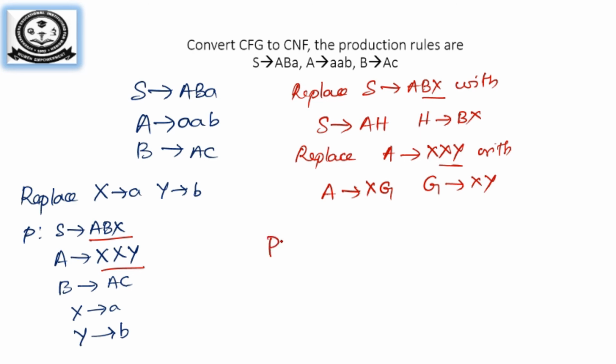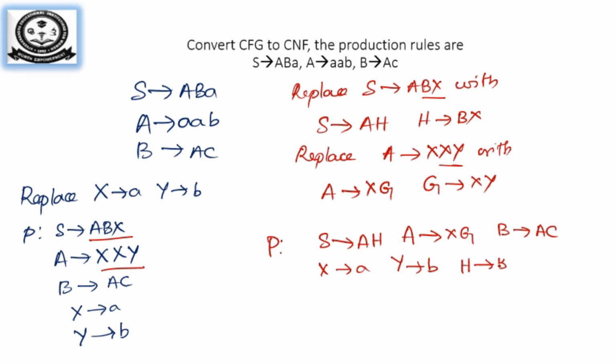So your final production rule will be S tends to AH, A tends to XG, B tends to AC, X tends to A, Y tends to B, H tends to BX, and G tends to XY. So all the terms are in Chomsky normal form.